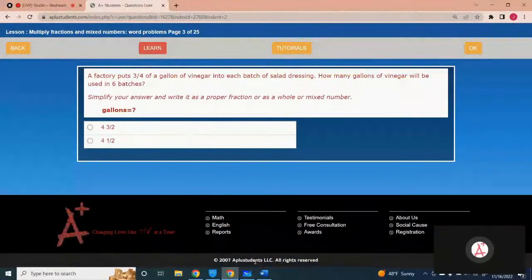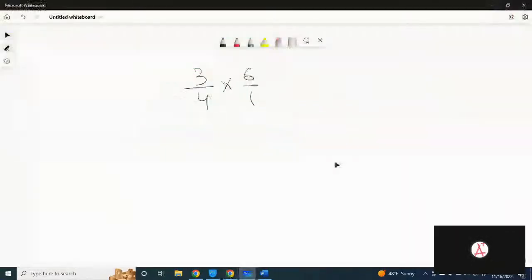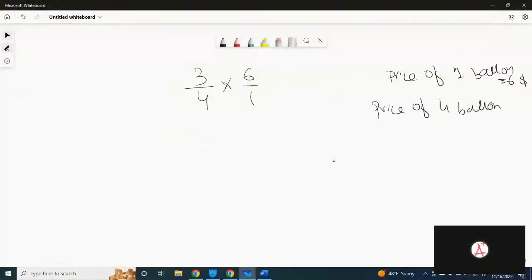Like for example, let's use a simple example. For example, the price of one balloon is $6, for example. Got it? You have to calculate the price of four balloons. How can you calculate the price of four balloons?